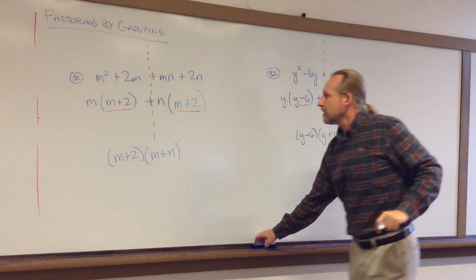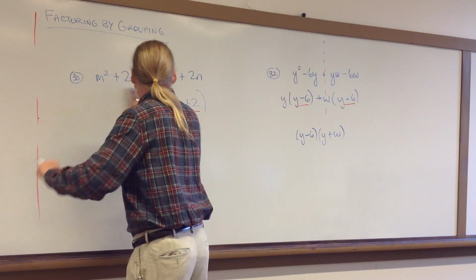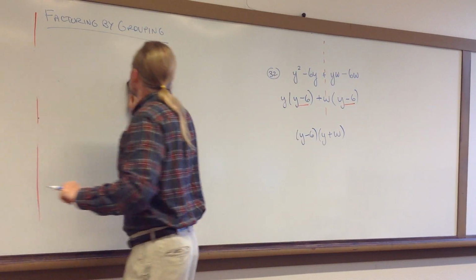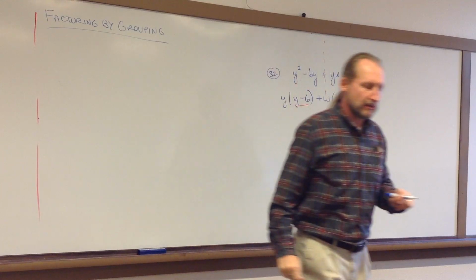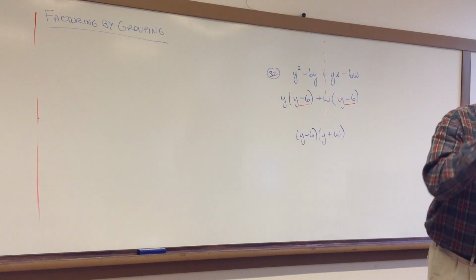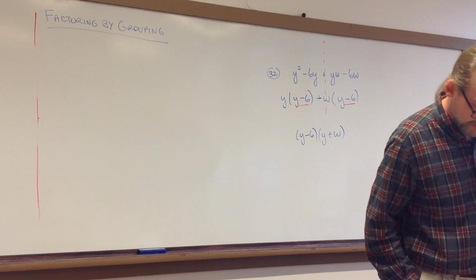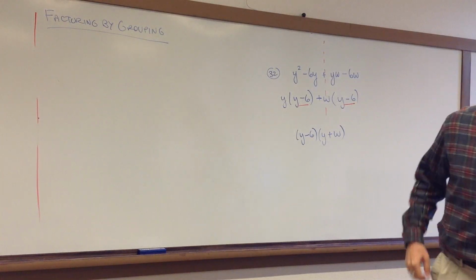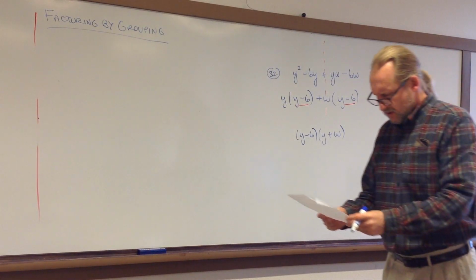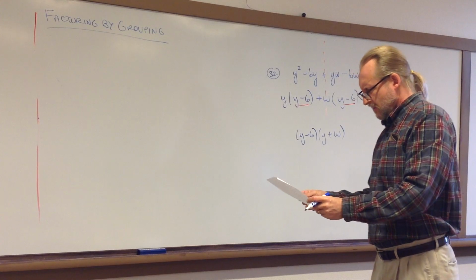All right, let's keep going. There's one tricky part to this that we haven't gotten to yet, and we will get to a couple of those. Problems 38 and 40 are like that. Let's do one more before we get to that.